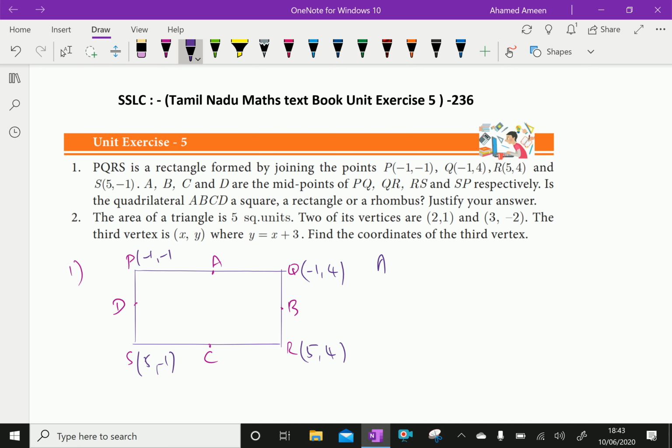Now, the point A is the midpoint of (-1, -1) and (-1, 4), that is (x1 plus x2) by 2, (y1 plus y2) by 2, which gives A as (-2 by 2, 3 by 2), that is (-1, 3 by 2).